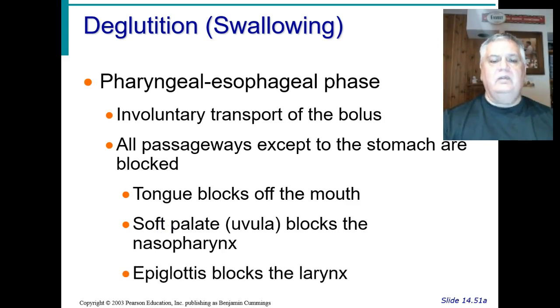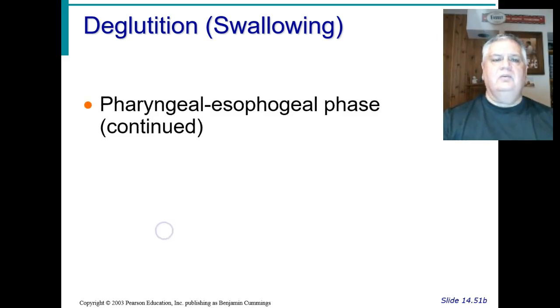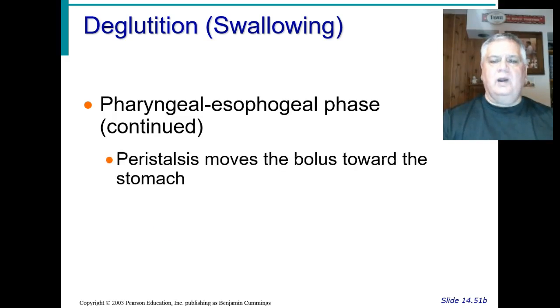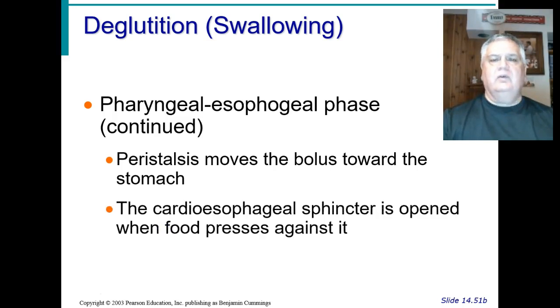At this time also, the epiglottis is going to be pushed down to cover the top of the trachea, the larynx, so the food will not go down through the glottis and into the trachea and potentially into the lungs. This causes the food then to move directly into the esophagus. Once in the esophagus, the peristalsis is going to continue to move this egg-shaped mass toward the stomach.